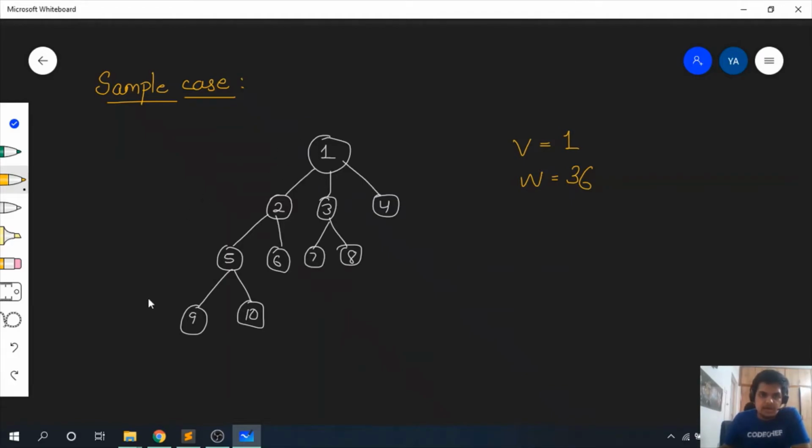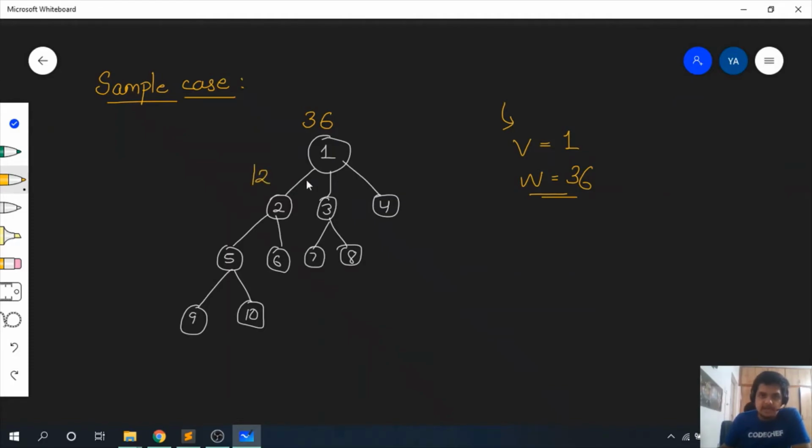So here I have a tree which looks something like this, and I've been given a query on the first node where the number of tasks to be executed is 36. So we start with 36 tasks. Now it has 3 children. So all the tasks will be divided equally.